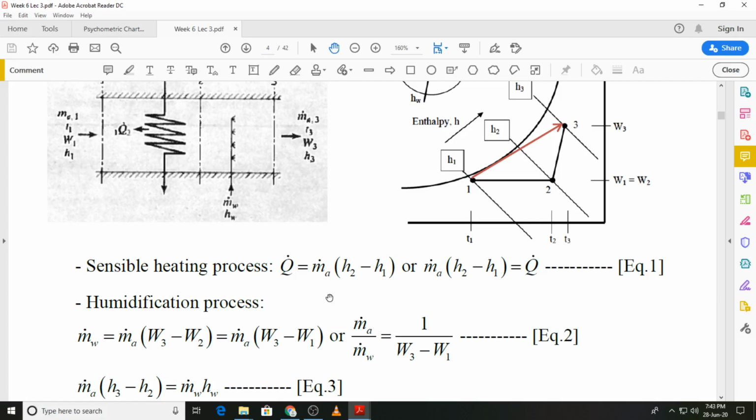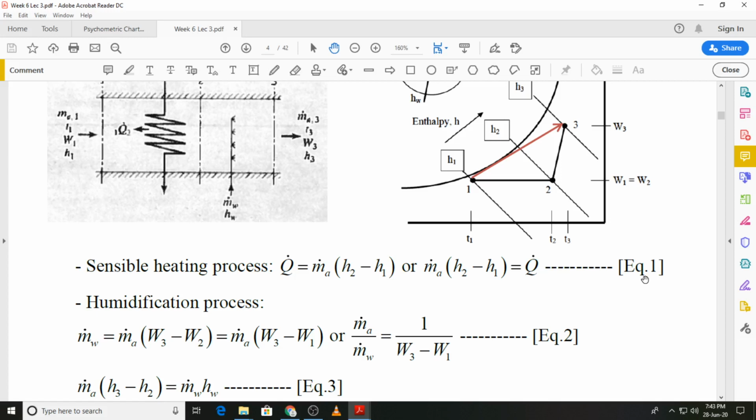So m dot a h1 plus q dot is equal to m dot a h2. We can rearrange that equation to obtain equation 1 that we have in our lecture slide.